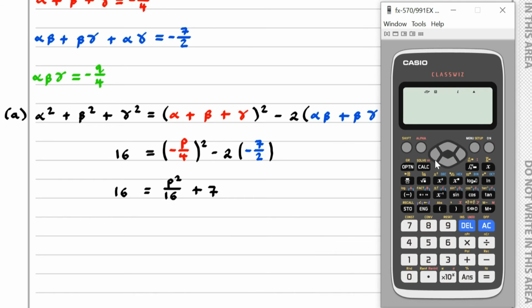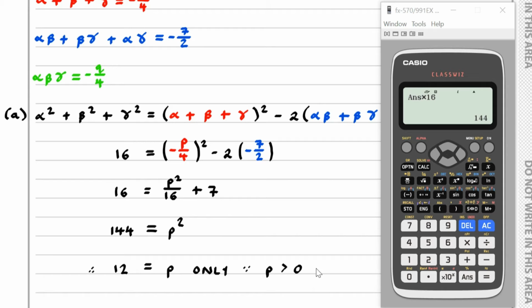And if we do 16 take away 7, that's 9. And if I multiply that by 16, it turns out 144 is equal to p squared, and therefore p is equal to positive 12 only, and that's because p is greater than 0.